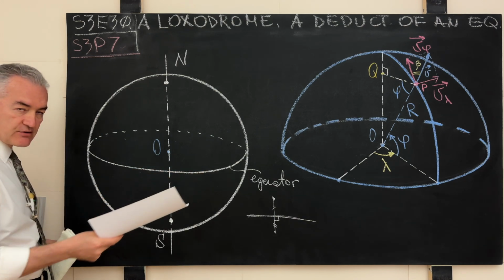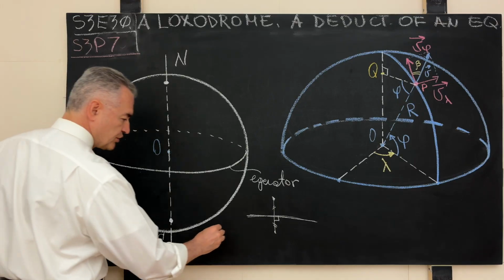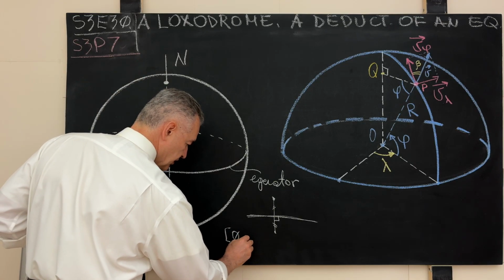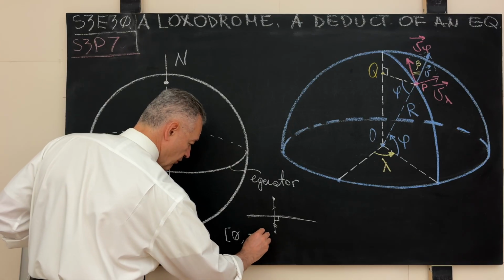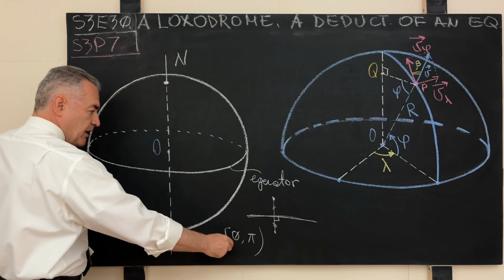And the reason there are uncountably infinitely many such planes is because for each number taken from the subset of real numbers 0 to pi, there corresponds a plane.